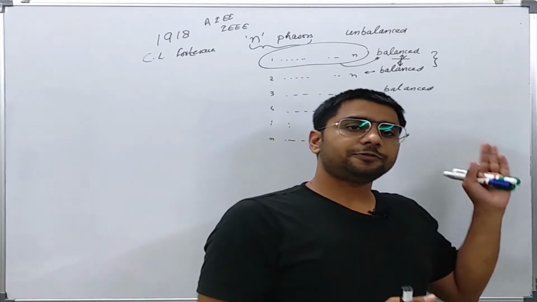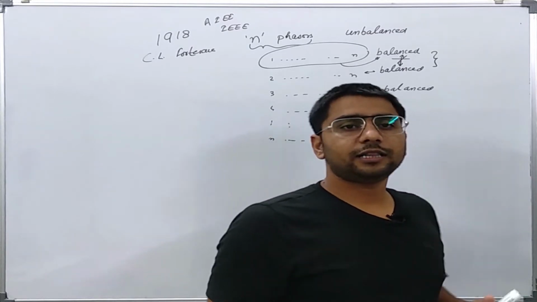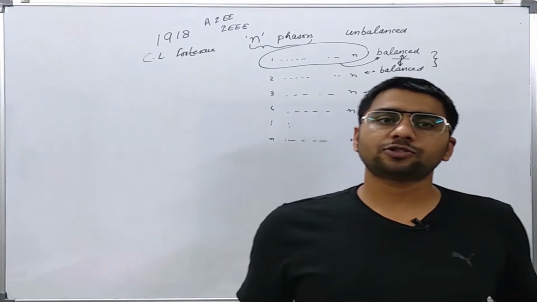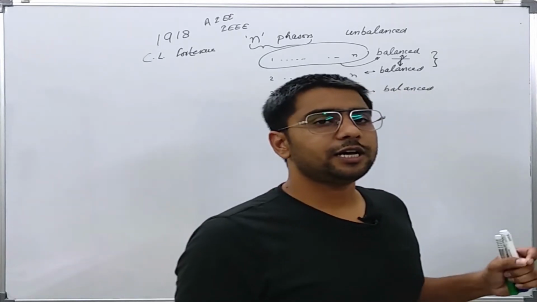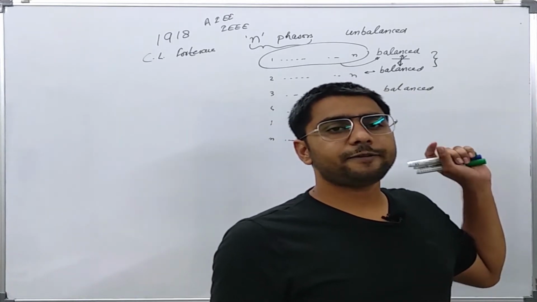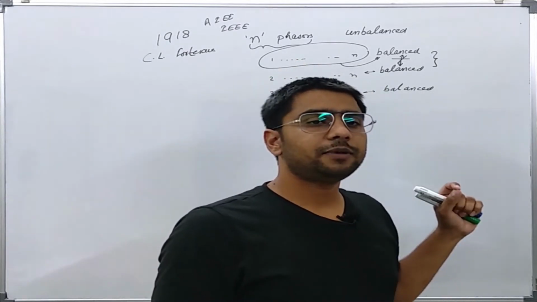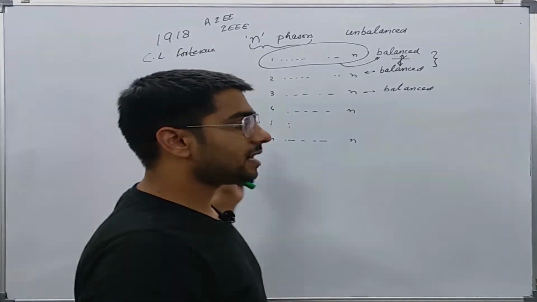Once we understand that, the symmetrical components of a three-phase system will be very easy to understand. Let us see how to determine the various symmetrical components of a four-phase system in the next slide.